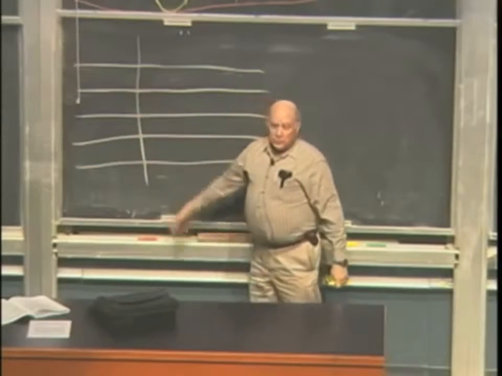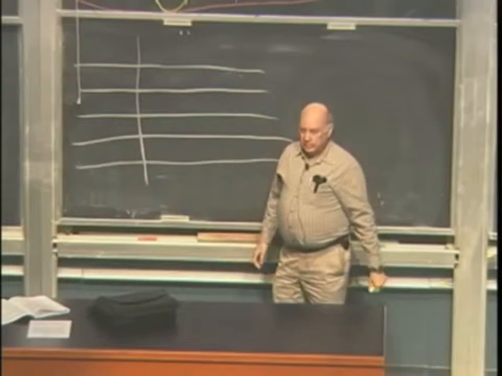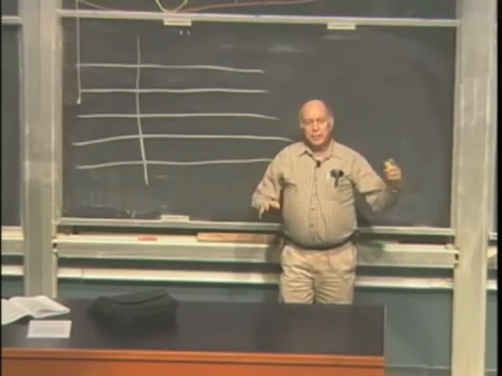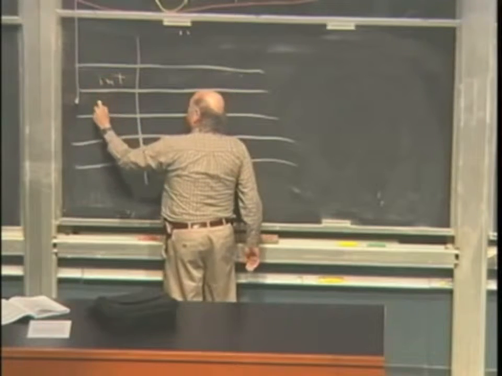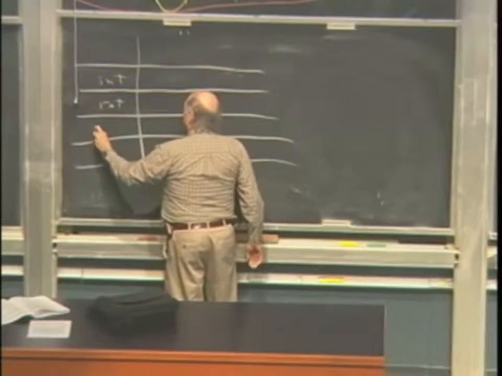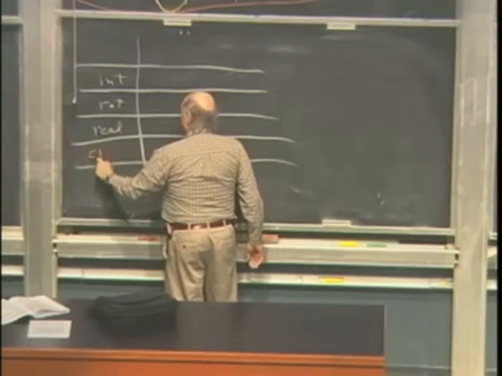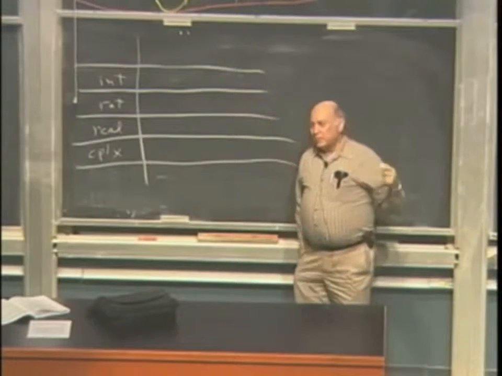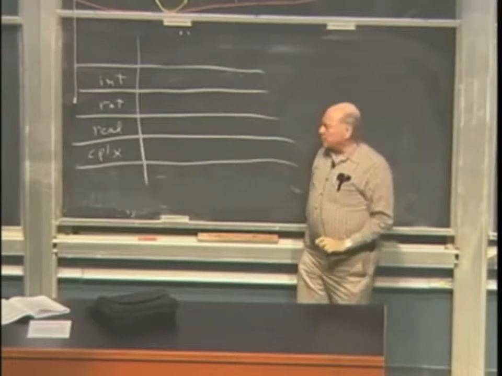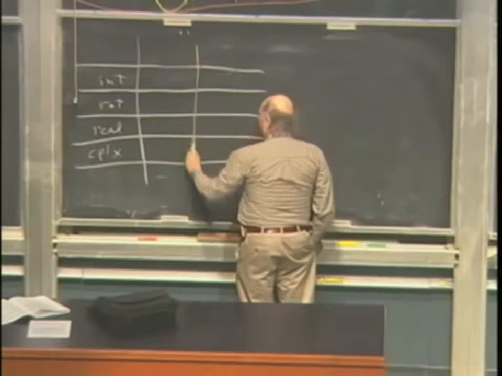We're only going to have 4 rows for numbers in the table. So we're going to forget about type signatures, and we're just going to have integer, rational, real, complex.